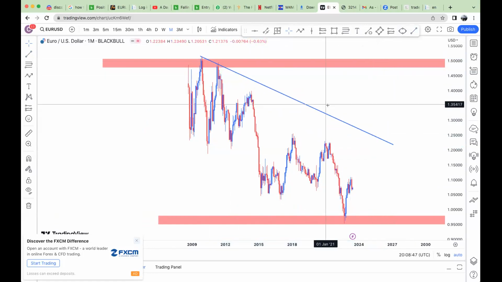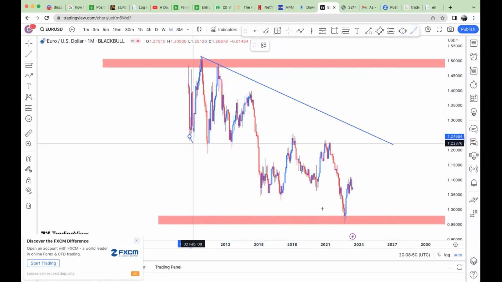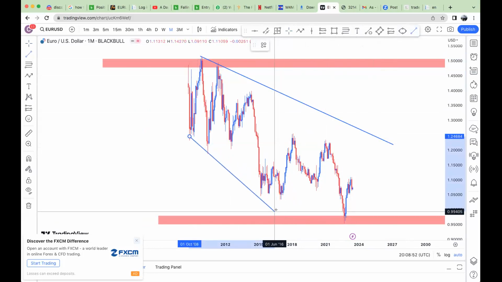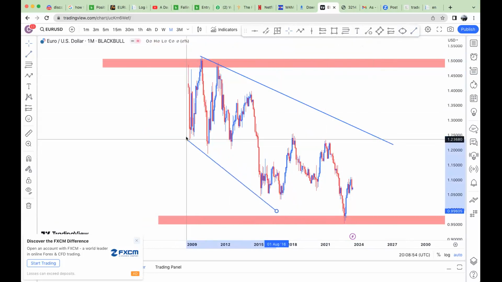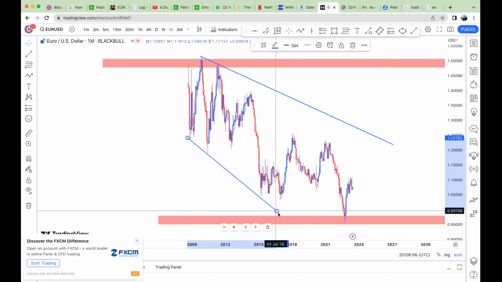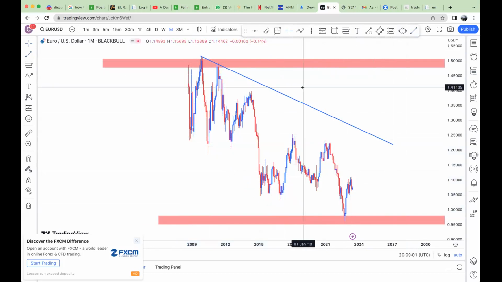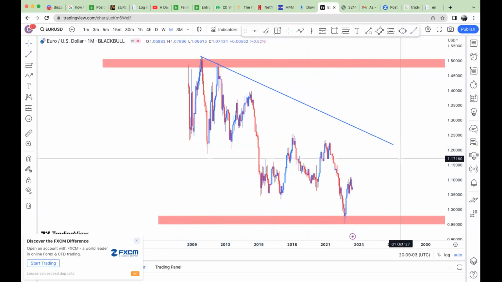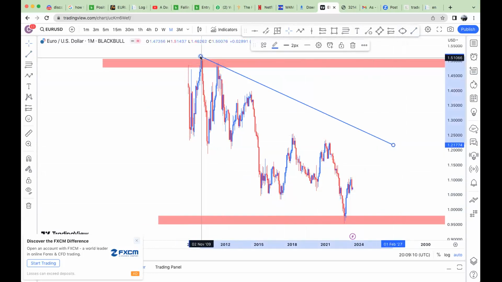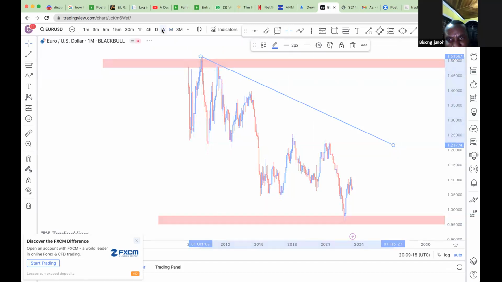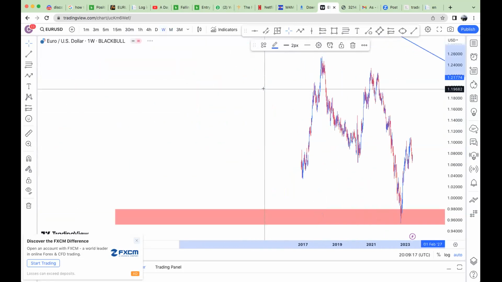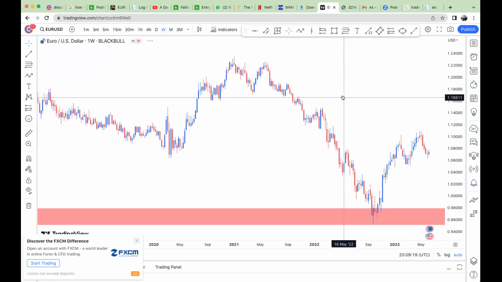Now, let me tell you something: if you analyze a market properly, using top-down analysis, using time frame to time frame analysis, you cannot be wrong, because higher time frames tell you exactly what a market has been doing. From here, we see that the market touched here, and the overall direction we are seeing is a bearish sentiment.